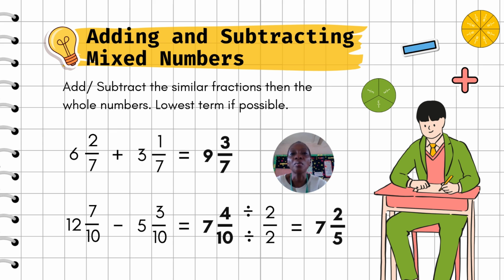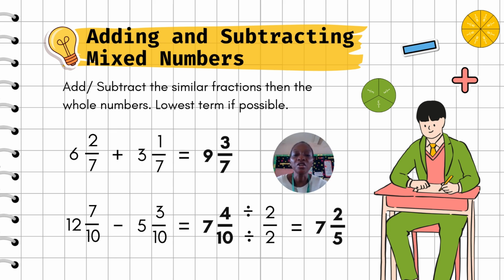I start with my whole numbers, which are 6 and 3. 6 plus 3 will give me 9. Then I'll go to the fractions. 2 plus 1 will give me 3, giving me 3 over 7. That means my final answer here is 9 whole number 3 over 7.